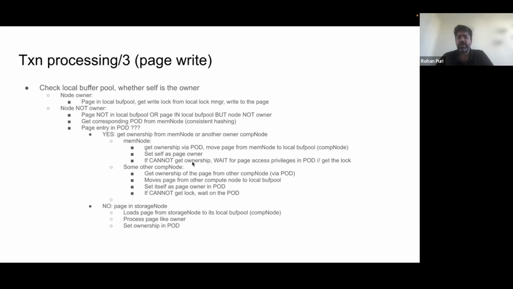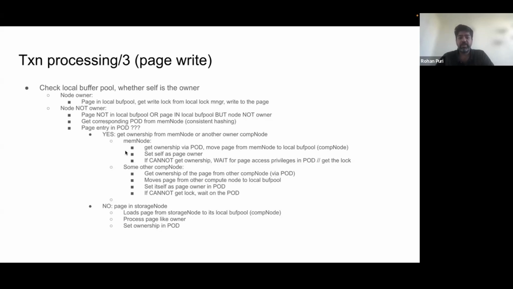If you cannot get the page ownership, you have to wait until you get access privileges. If the page is in another compute node, then you have to get the ownership from the other compute node via the POD, and then you have to move the page from the other compute node to your local buffer pool. Then you set yourself as the page owner. If you cannot, then you still have to wait for the lock.